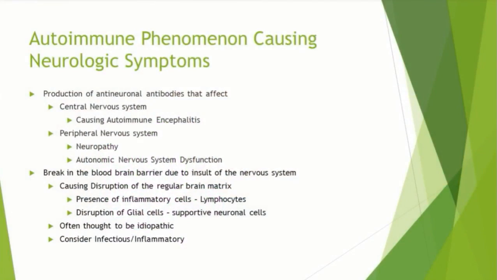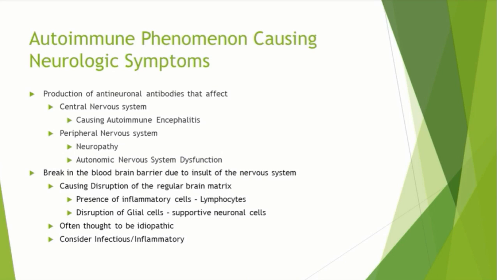Like I said earlier, it's causing an autoimmune encephalitis, meaning inflammation of the brain. So now not only is the infection directly causing inflammation, but your own immune response that's supposed to be killing off this infection is wreaking havoc on your central nervous system.